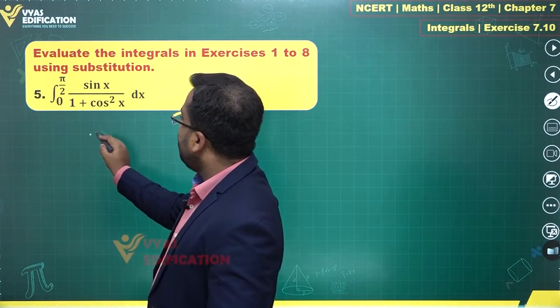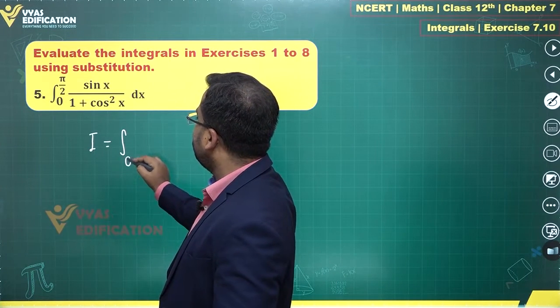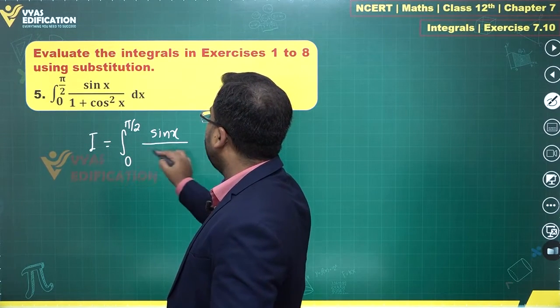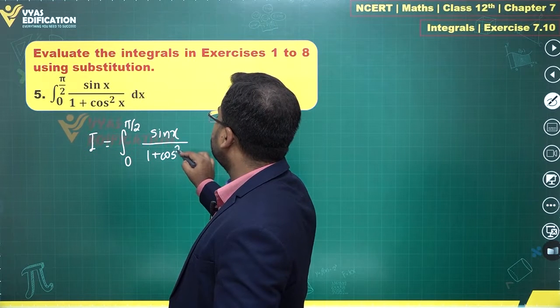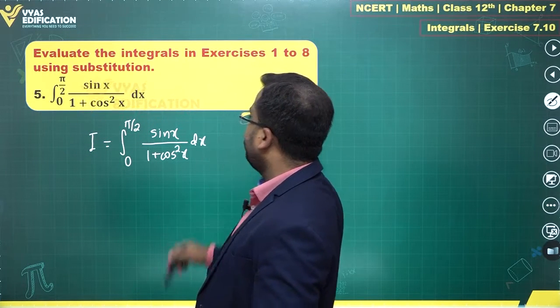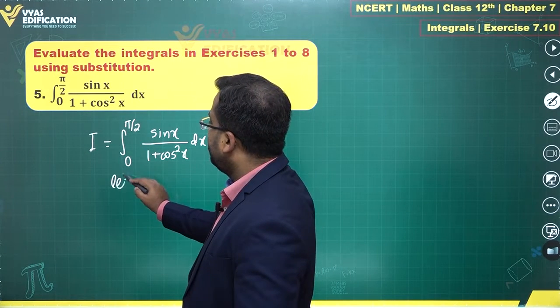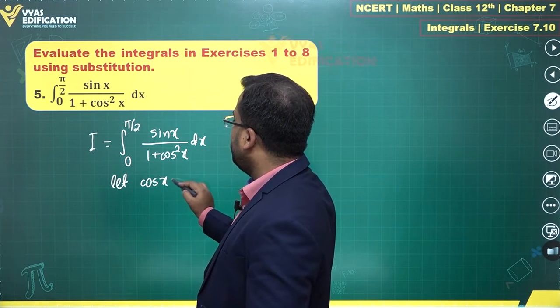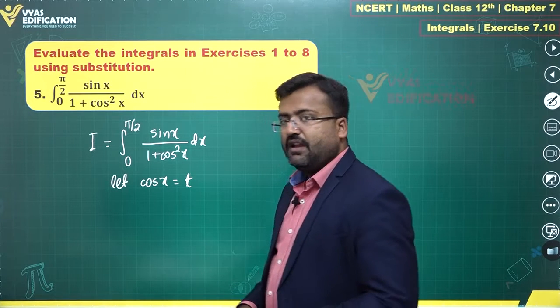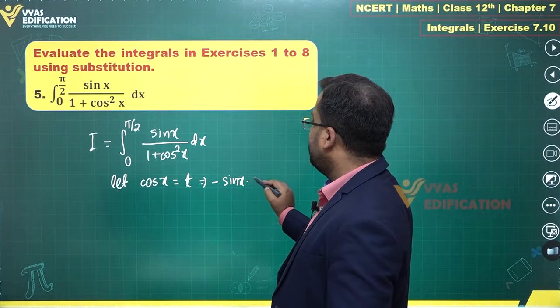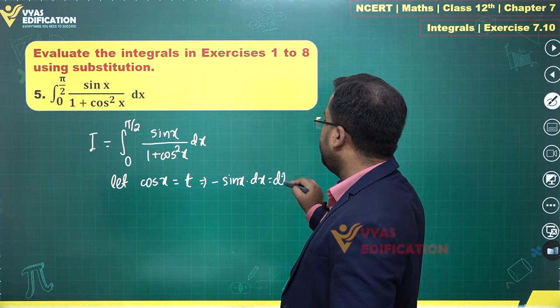So I, which is integral from 0 to pi by 2 sin x upon 1 plus cos square x dx, we'll use a simple substitution. Cos x equals t, and this tells me that derivative minus sin x times dx will be equal to dt.